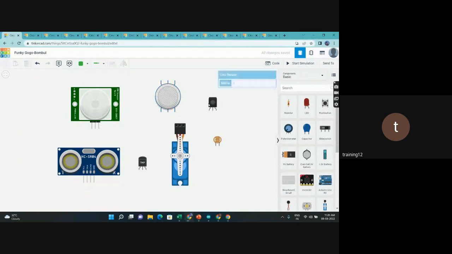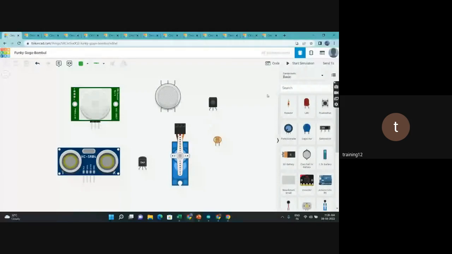Next is the IR sensor, the ultrasonic distance sensor, and the temperature sensor TMP36. These are the servo motors, and this is the photoresistor, also called LDR.